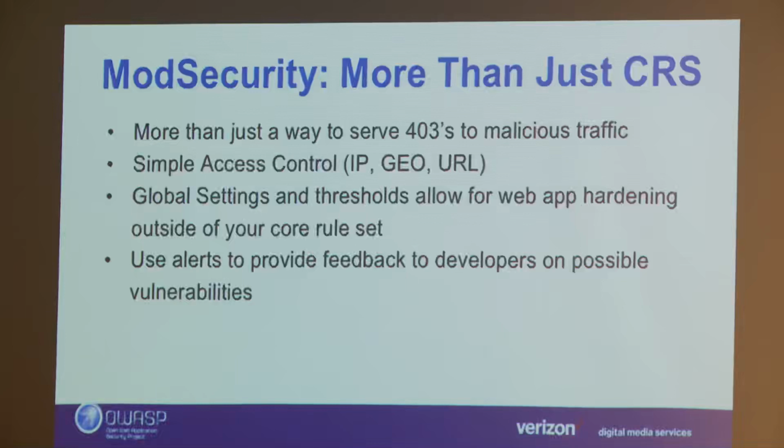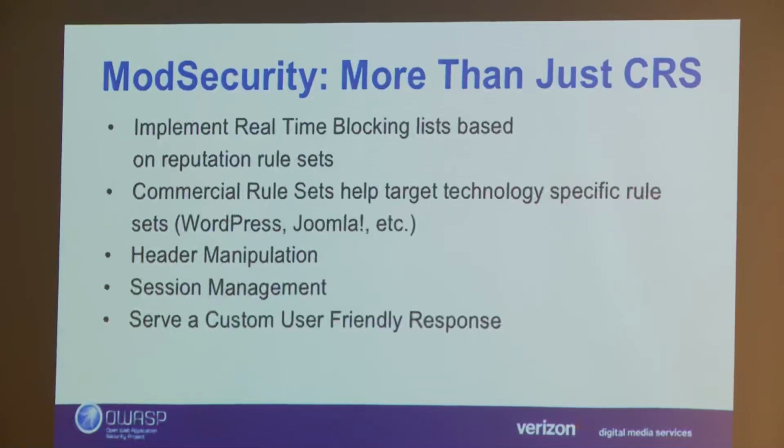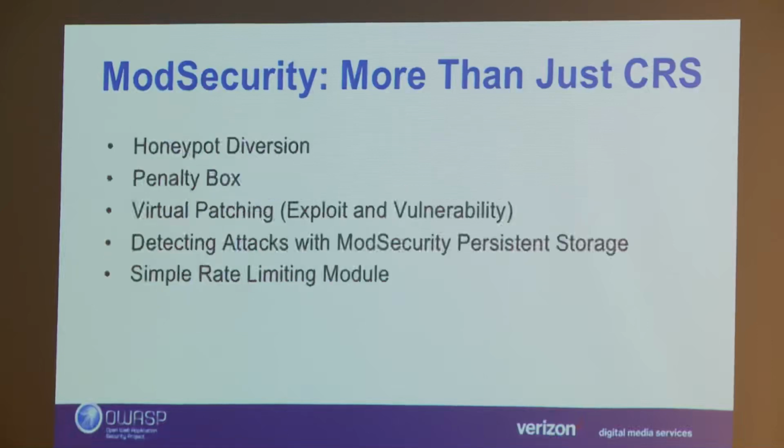These are a few other areas, not just core rule set. You can do access control, like I said earlier, based on geolocation or URLs, or use settings to do a stricter policy, and with 3.0, there's a rudimentary rate limiting feature. There's a honeypot version of features.